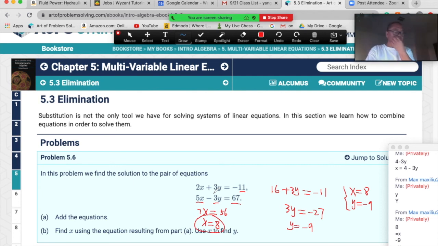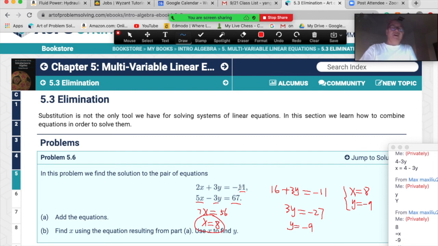Another way, you can use subtraction. Suppose here both are plus 3y. Then you can use this equation minus that equation, one equation minus the other. Then you can still cancel out this term, right?